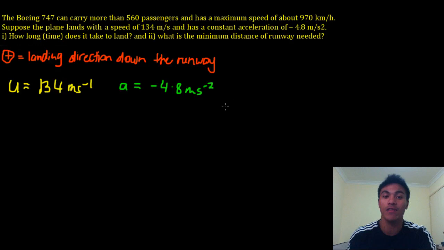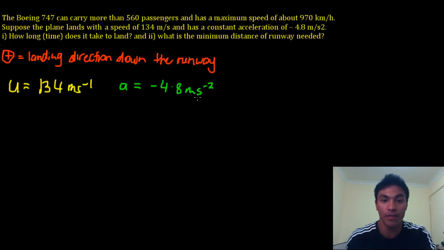If you have a negative acceleration, if your acceleration is going in the opposite direction, especially for one-dimensional problems, it means it is decelerating, meaning the velocity will be decreasing as time goes by. So in this particular example, the velocity will decrease 4.8 meters per second every second that time goes along.